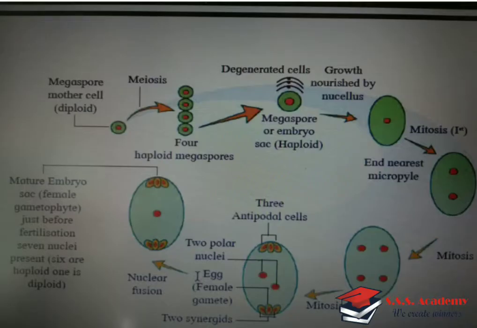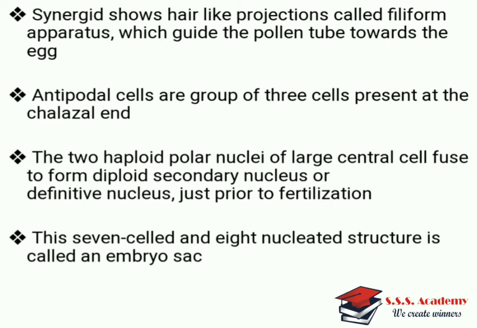If you observe the stage after the third mitosis, there are 2 synergids, and one is the egg, the female gamete. Next, the synergid cell shows hair-like projections called the filiform apparatus, which guide the pollen tube towards the egg.